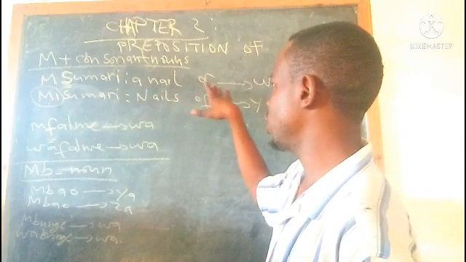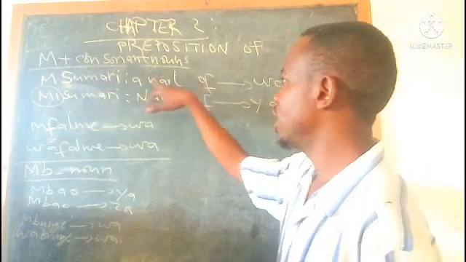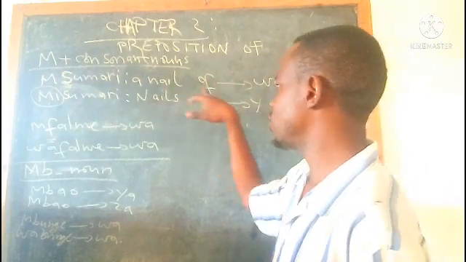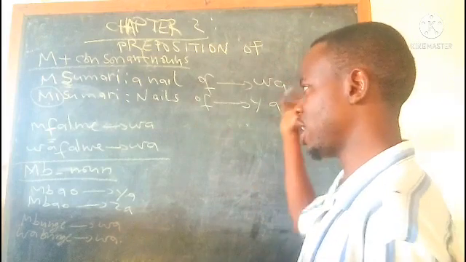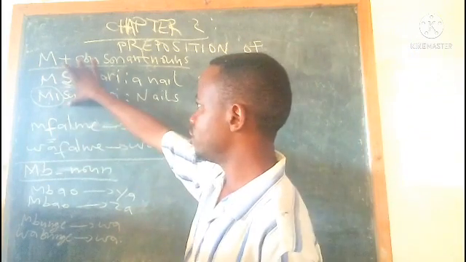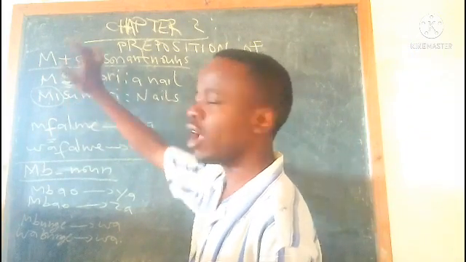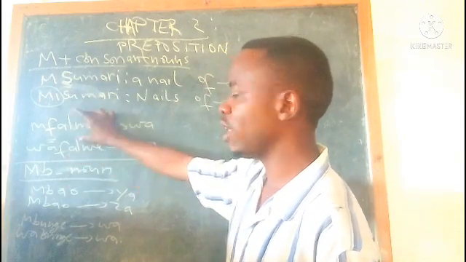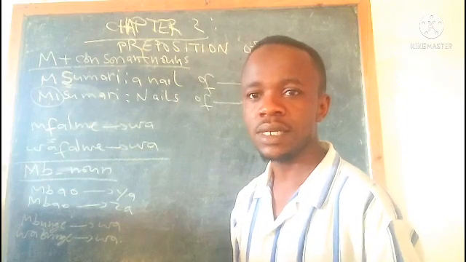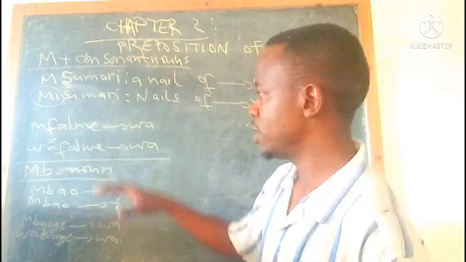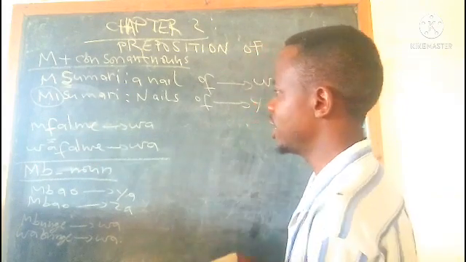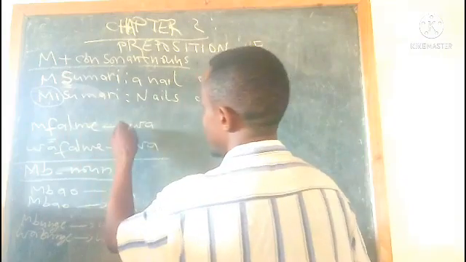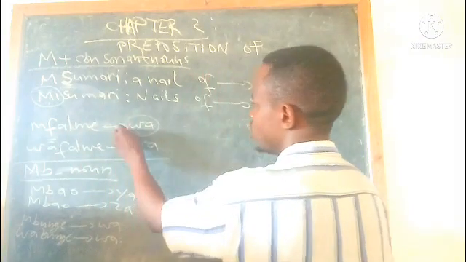In English, the preposition of doesn't change: a nail of, nails of something. So this is describing something. What about mfalme and wafalme? Mfalme describes someone. Mfalme means a king. So if you say mfalme wa, you must put the preposition wa.